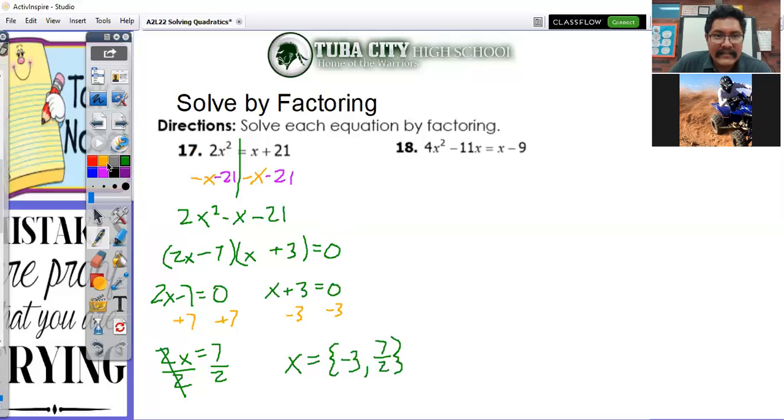All right, last one. I mean, the final question. All right, so let's go ahead and minus x from both sides, but it looks like I'm also going to have to add 9 to both sides. Okay, so canceled and canceled.